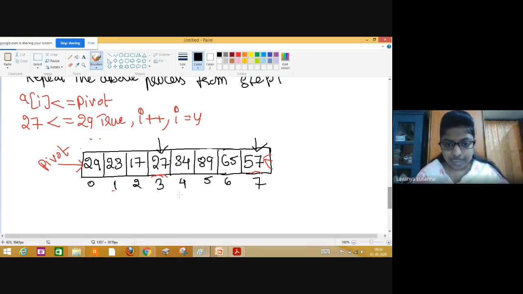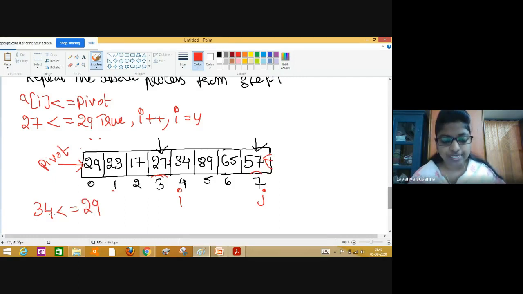Now I is incremented, that means I is pointing to 4. This is I, this is J, J will be like that only. Again repeat the process until I is stopped. When I is stopped, you need to move J. I is pointing to the fourth index. What is the fourth index value? 34. 34 less than or equal to pivot 29.